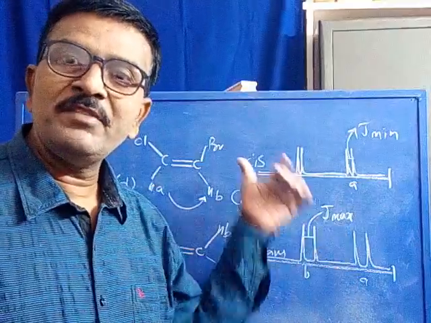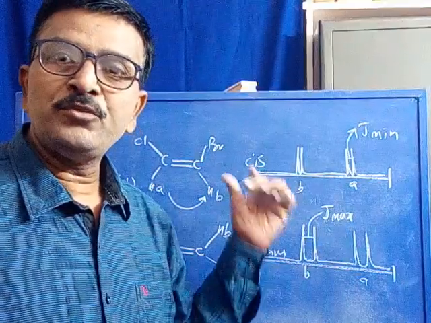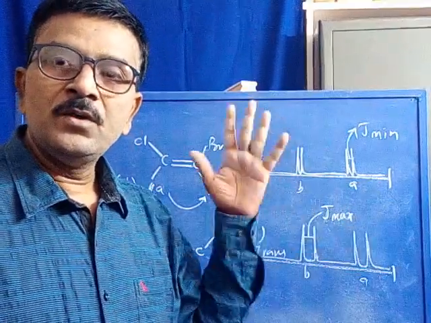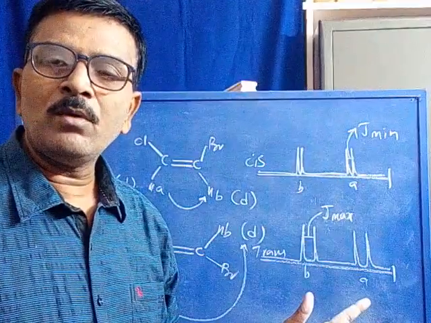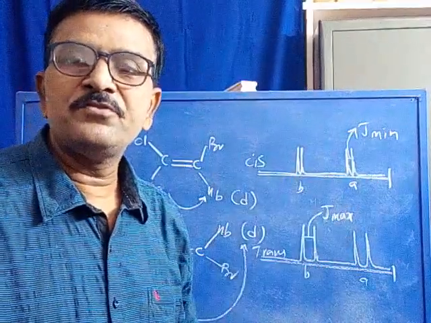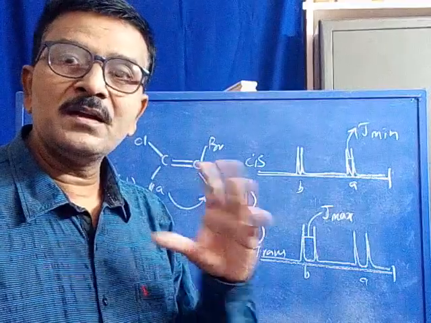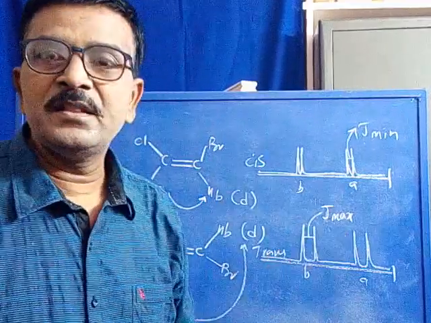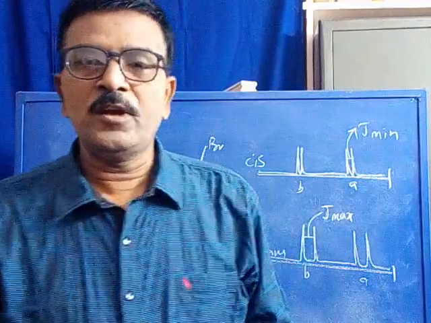There is a difference between these two isomers with respect to the coupling constant. So the coupling constant of trans is more when compared with the coupling constant of cis. So based on that phenomenon, we can distinguish the trans isomer from the cis isomer.